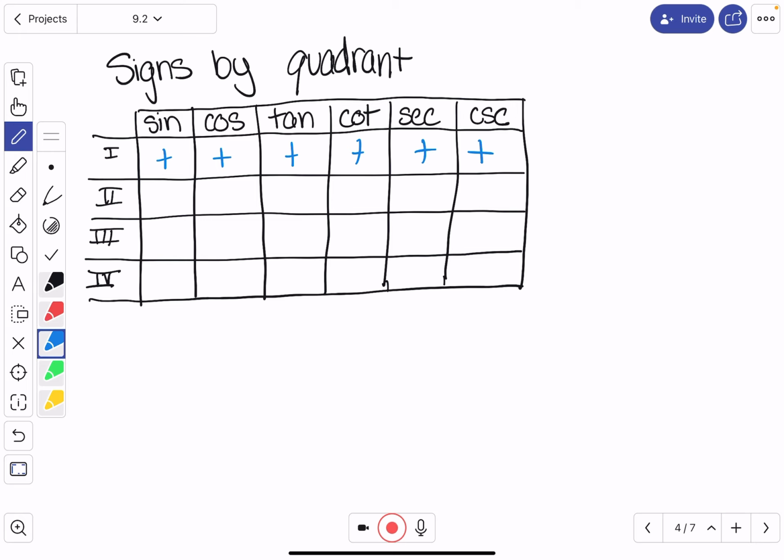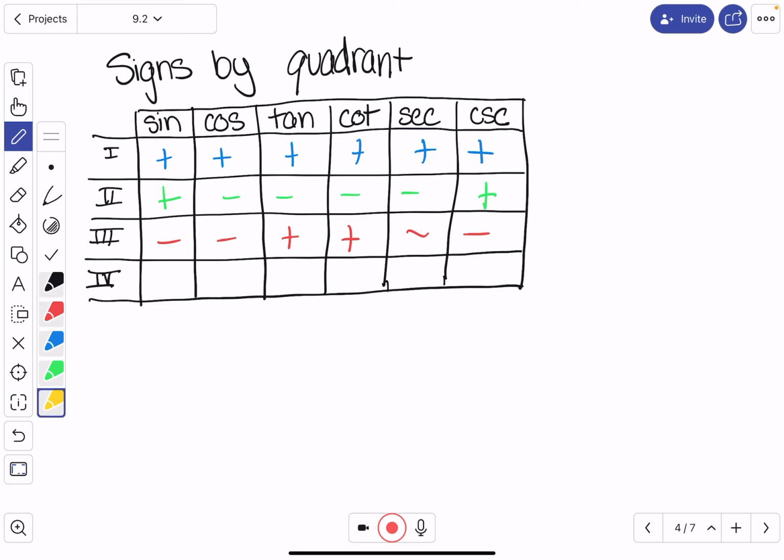In quadrant 2, where the y is positive, your sine and cosecant will be positive. Everything else will end up negative because of that negative x value. Quadrant 3, tan and cotan are going to be positive because you have x and y, so the negatives are going to cancel each other out. Everything else will be negative.